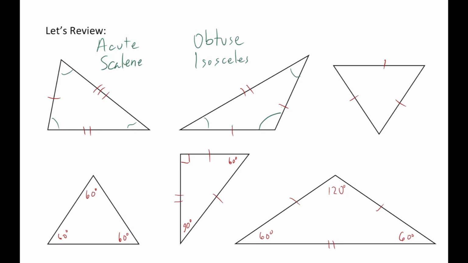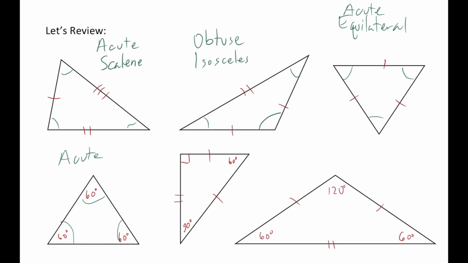Looking at this one here, I have all 3 that are the same. So if all 3 are the same, I know that this is an equilateral triangle. And looking at all of my angles, yep, they're all acute. So this must be an acute equilateral triangle. This very next one, I see here, acute, acute, acute. So I know this is an acute triangle, but they don't tell me anything about the side lengths.